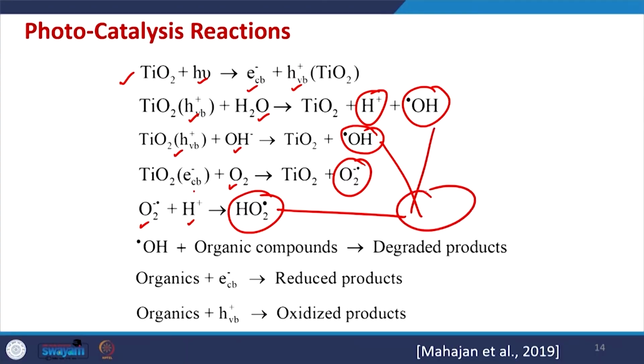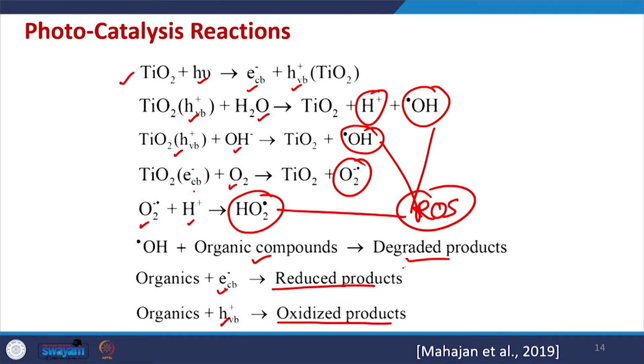All these radicals which are formed are called reactive oxygen species, and now these will react with organic compounds and degrade them. Also, an organic compound may directly interact with electrons and holes. So, we may have a reduced product, or we may have an oxidized product.